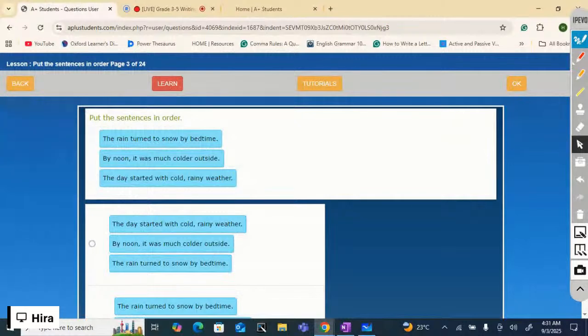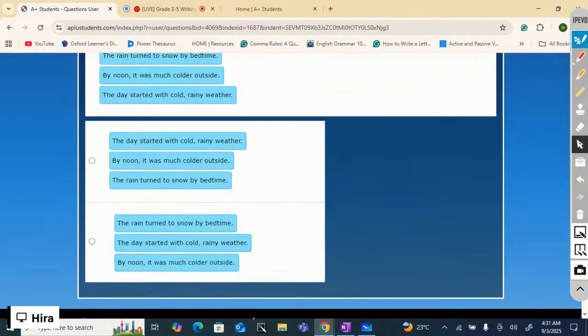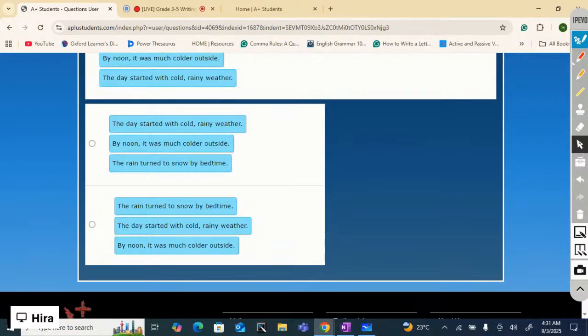Okay, let's read these words. The rain turned to snow by bedtime. By noon, it was much colder outside. The day started with cold, rainy weather. Now, two options. Select which one is correct.